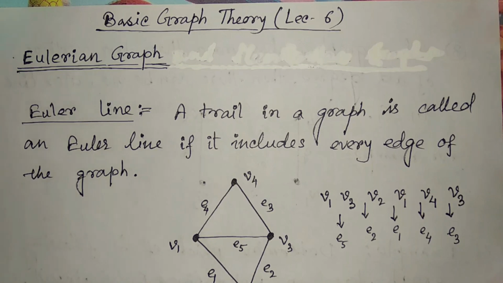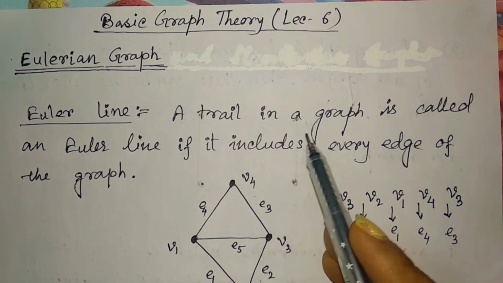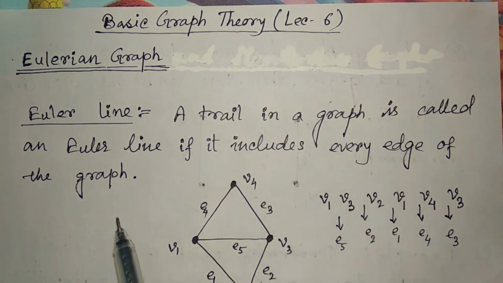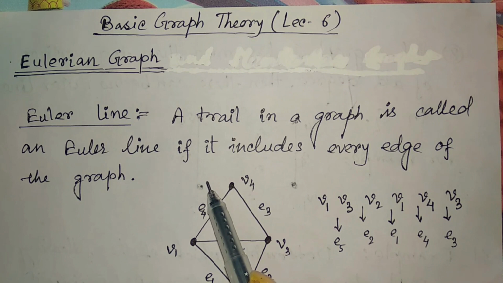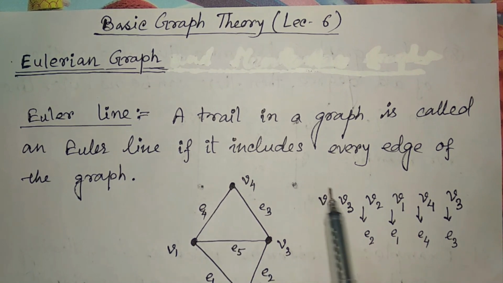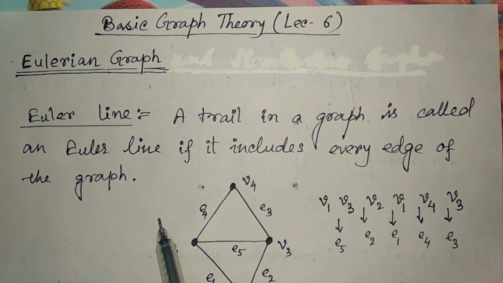Hello friends, in our last lecture, we learned what is walk, trail and path. In this lecture, we come to know about Eulerian graph. Initially, Euler line. A trail in a graph is called an Euler line if it includes every edge of the graph.